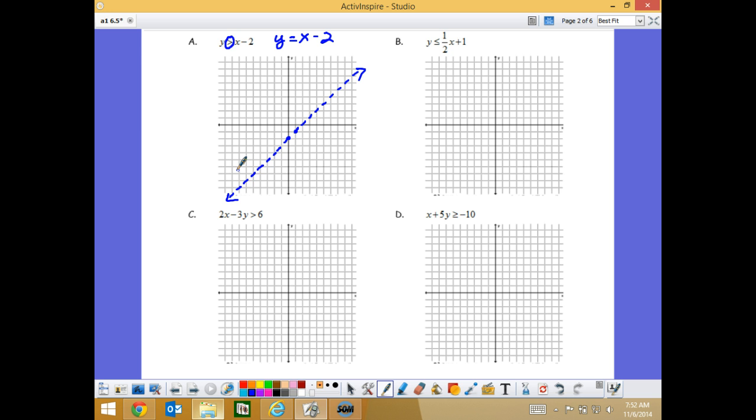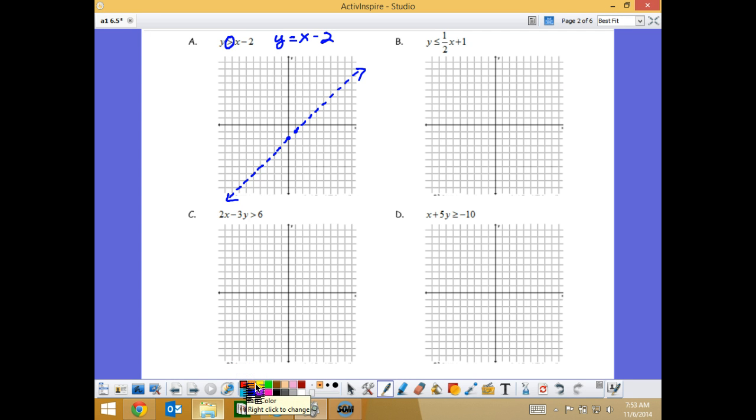Now, just like with the number lines, we have to determine which side of this line to shade. When we talked about the number lines, I talked about picking a point to test and then seeing which side of that line to shade. We're going to do the same thing here.